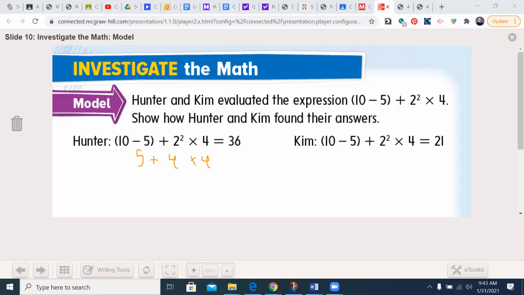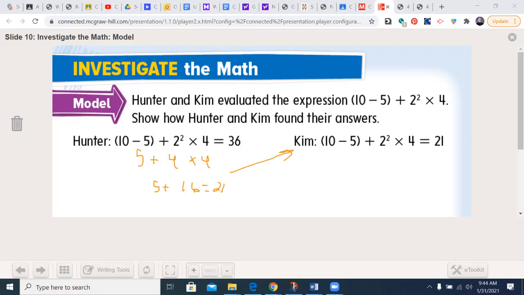In essence now, we have to do the multiplication first. So I'm going to put 5 plus 4 times 4 is 16, which equals 21. He clearly didn't do it this way because Kim's is the right answer.